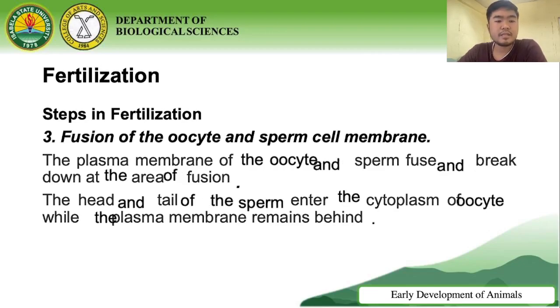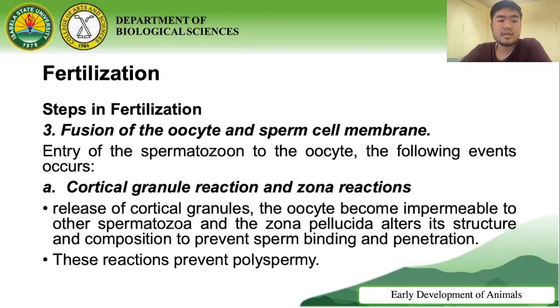Okay, upon the entry of the spermatozoa into the oocyte, the following events occur. First, there is the cortical granule reaction and zonal reactions. With the release of cortical granules, the oocyte becomes impermeable to other spermatozoa, and the zona pellucida alters its structure and composition to prevent sperm binding and penetration.